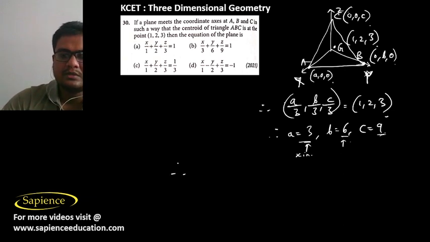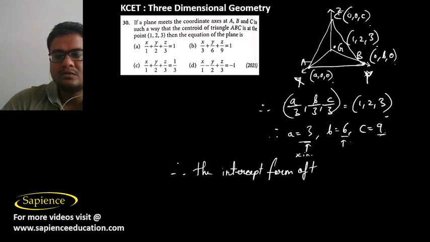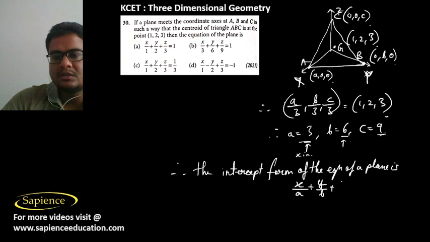So if A, B, and C are the x, y, and z intercepts of the plane, then the intercept form of the equation of a plane is given as x by A plus y by B plus z by C equals 1, if A, B, and C are the x-intercept, y-intercept, and z-intercept respectively.